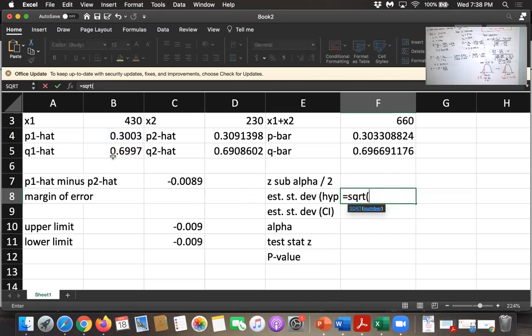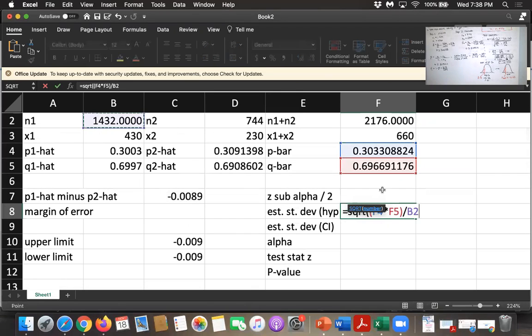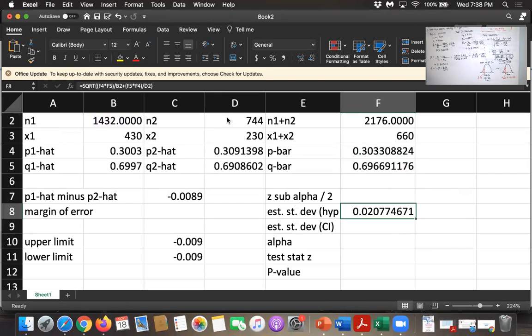Oh wait, sorry, that's not it. Using the confidence interval one. P bar times Q bar divided by the sample size for the first sample, plus P bar times Q bar divided by the sample size for the second sample, which is that right there, close parentheses. And so now we have that.